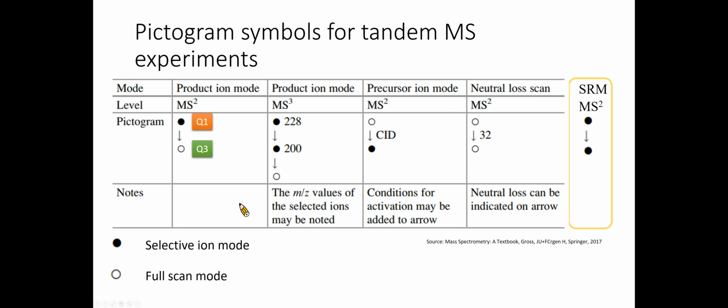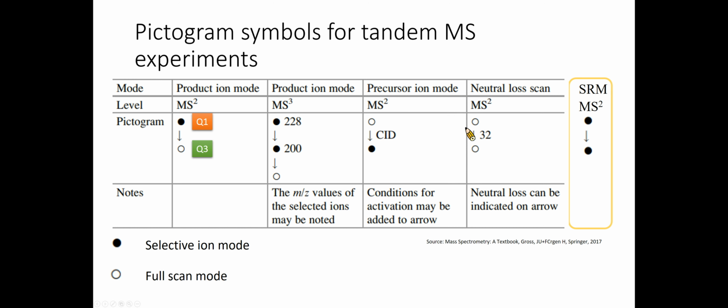With different combinations of full scan or SIM in the Q1 and Q3 mass filters, tandem mass experiments can be classified into 4 major operating modes: the product ion mode, the precursor ion mode, neutral loss scan, and selected reaction monitoring.